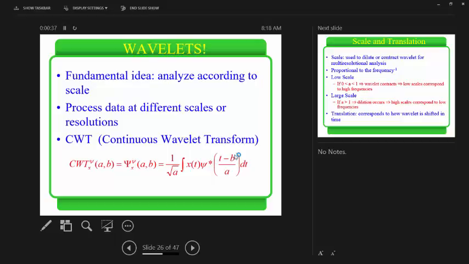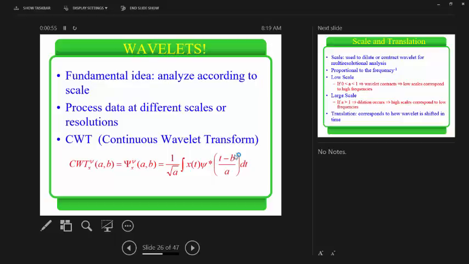For the Fourier transform, what is the shape of the basis function? It's a sinusoidal signal that extends from negative infinity to positive infinity.